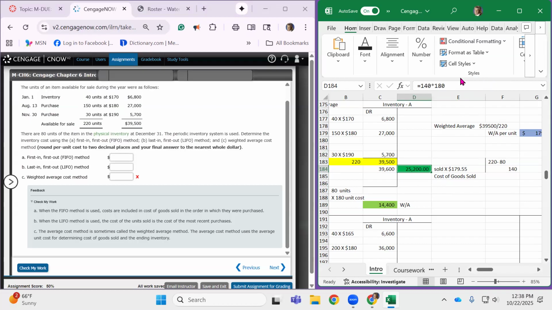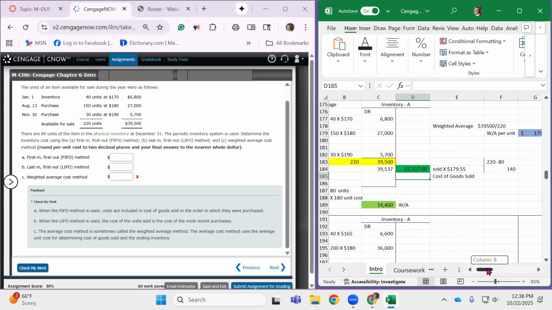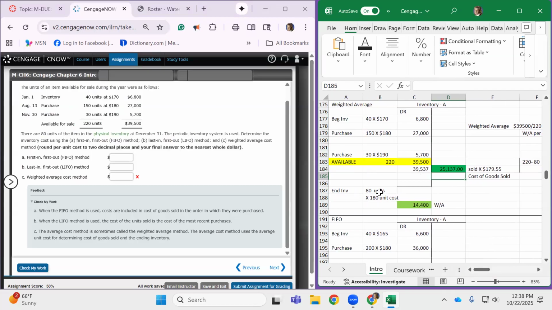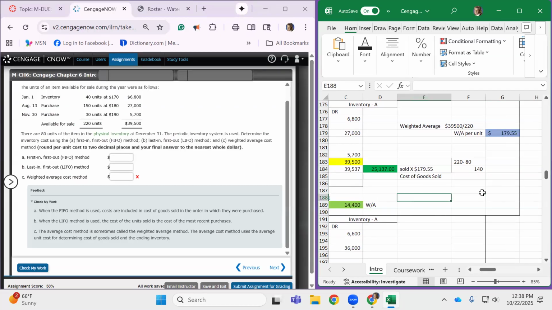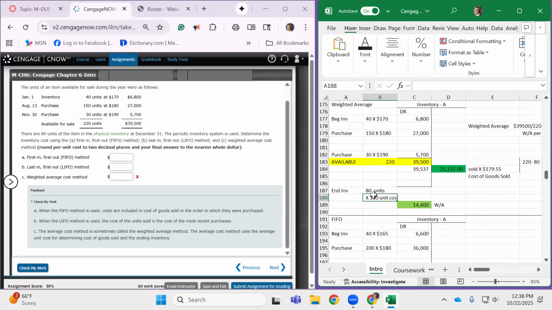They've got you really down to 179.55. Then the 80 units times the 179.55. Wow. That's something new. $179.55 is what we got for the unit cost.